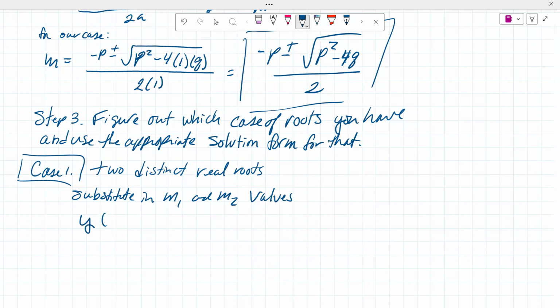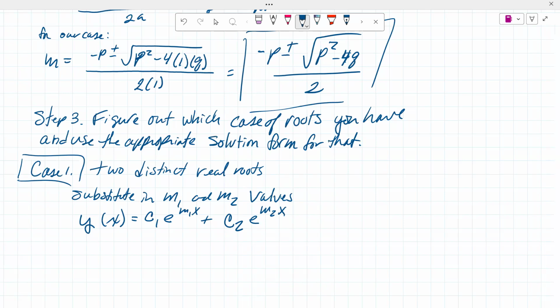y of x equals. Remember we were saying we're going to be trying to guess a y. Well, here is the form of the y. It is the solution to this problem: c1 e, this is natural e, to the power of m1 x, plus c2 e to the m2 x.